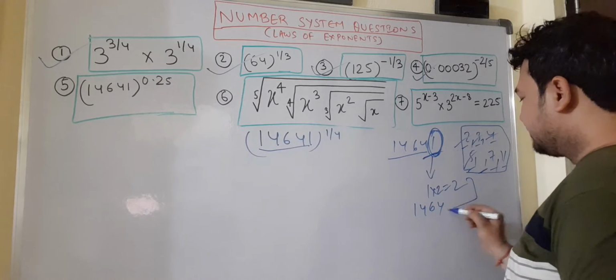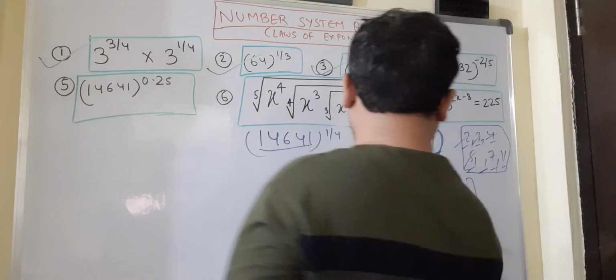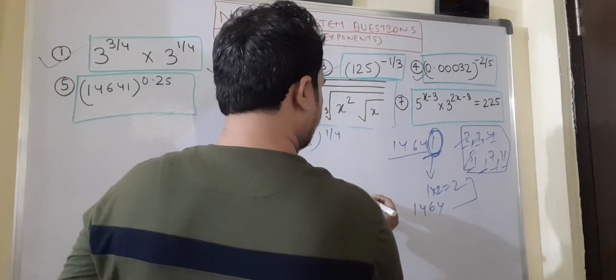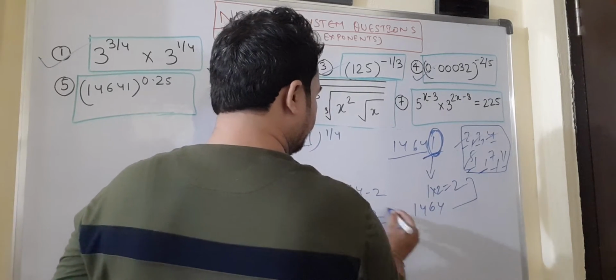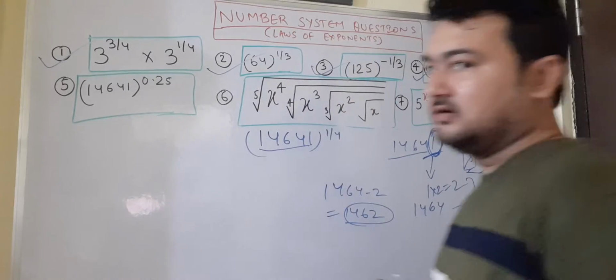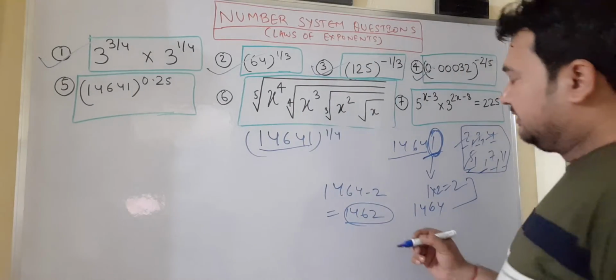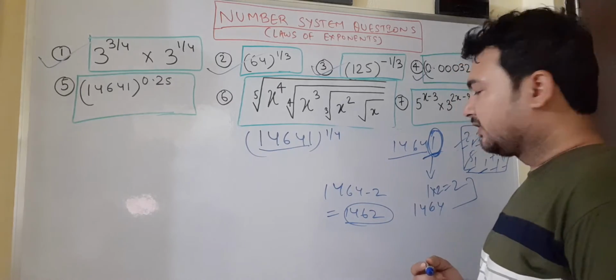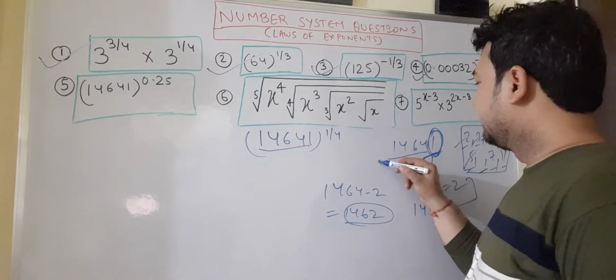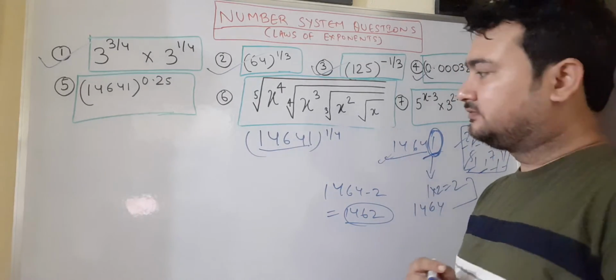Now subtract these two. 1, 4, 6, 4 minus 2 is 1, 4, 6, 2. If this number is divisible by 7, or this number is 0, then the given number is divisible by 7.